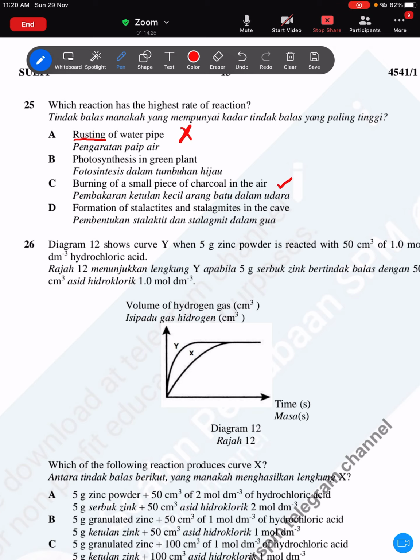Burning will always be a very fast reaction. Formation of stalactites and stalagmites. In caves, the white cone-shaped structures take millions of years. Therefore, this is wrong as well. I think the precise answer will be C.